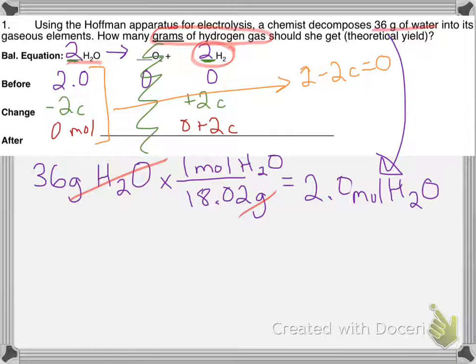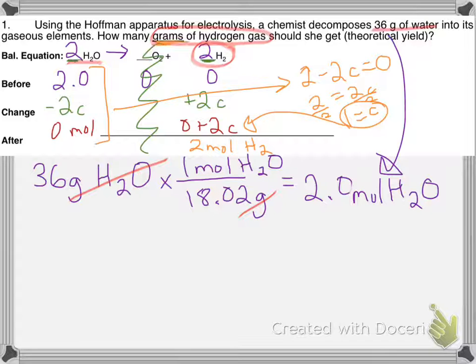So when we solve this equation for C, it would be 2 equals 2C, so C would equal 1. We divide both sides by 2. And so now we can plug in our C as 1 into our equation for the moles of hydrogen gas. So 0 plus 2 times 1 would give us 2 moles of hydrogen gas.